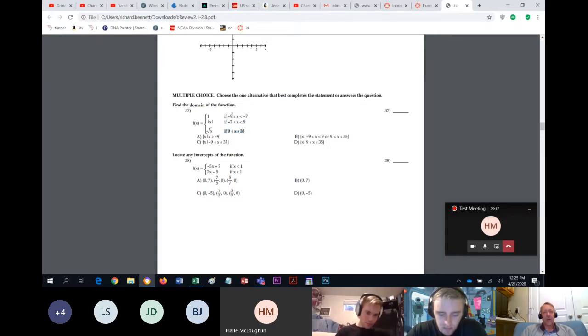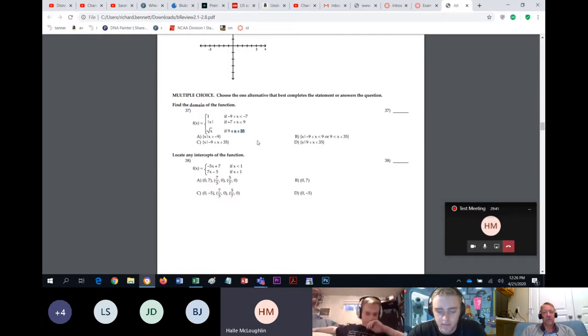Because there are no gaps in this column, all I care is that x is greater than or equal to -9, and x has to be less than 35.